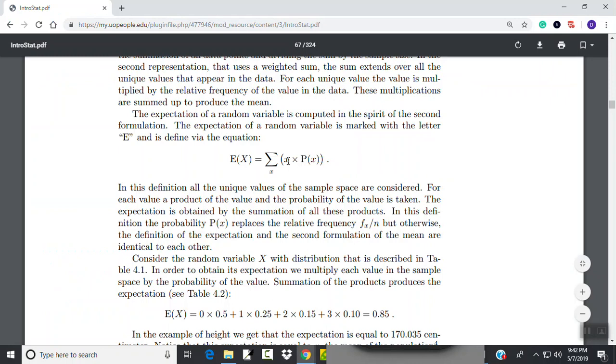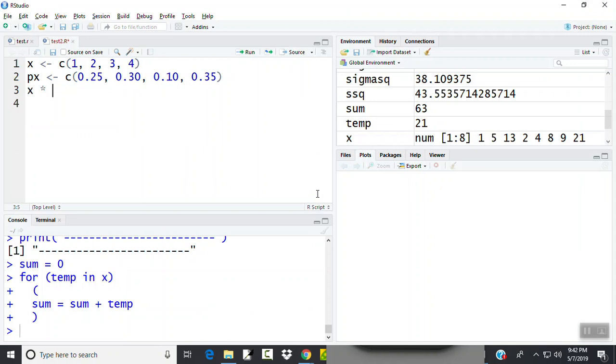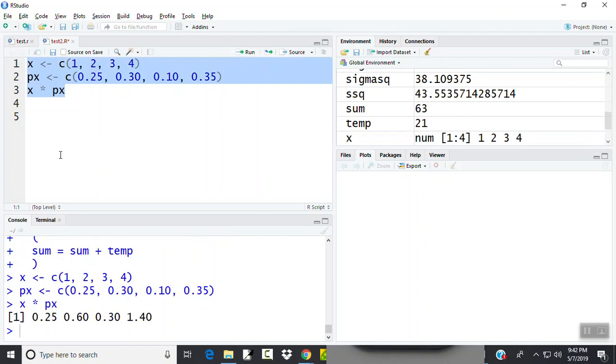So then, let me get rid of some of these. This says to multiply x times p of x. So x times p of x. If I run that, 1 times 0.25 is 0.25, 2 times 0.3 is 0.6, 3 times 0.10 is 0.30, 4 times 0.35 is 1.40.